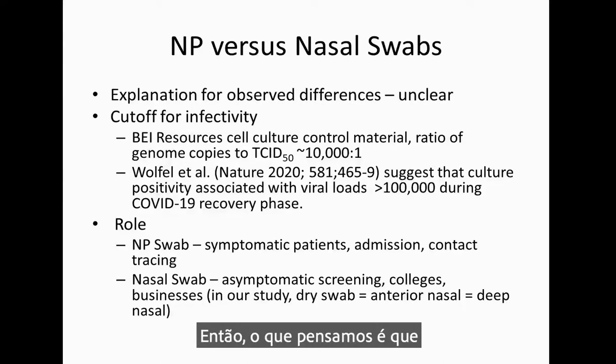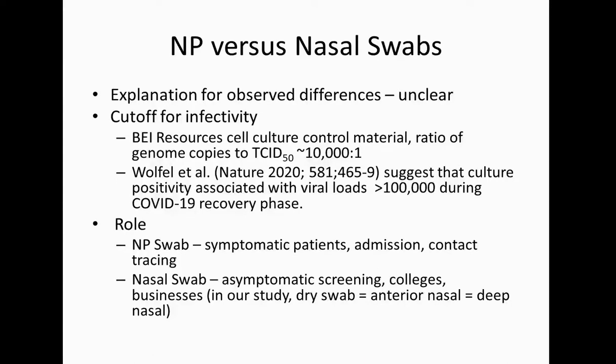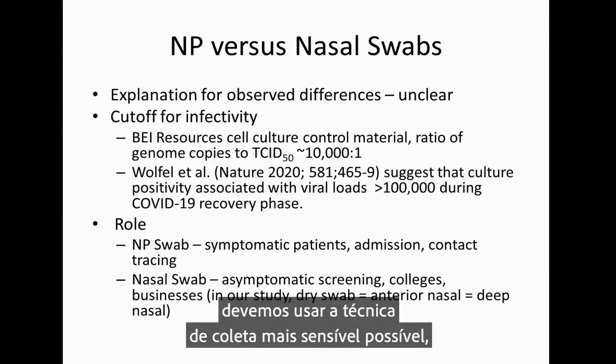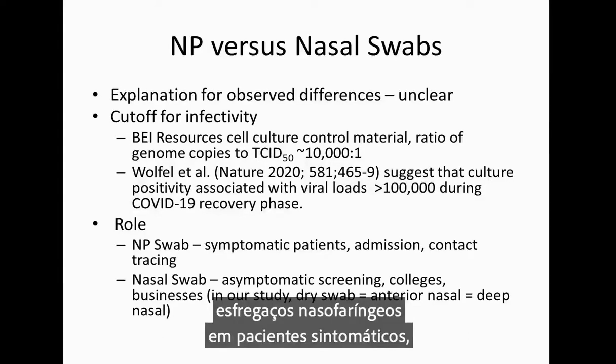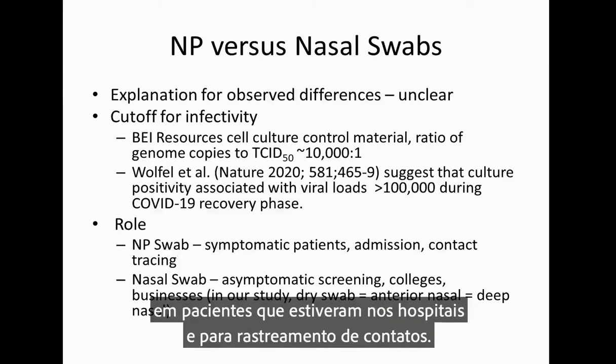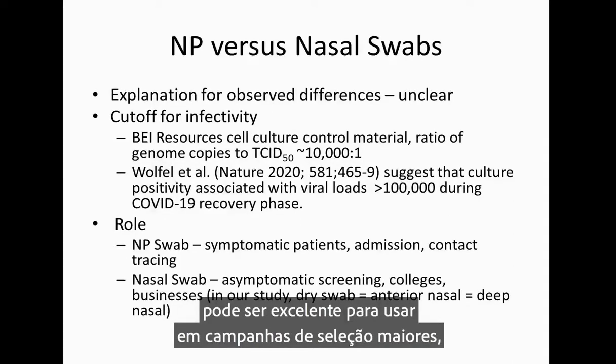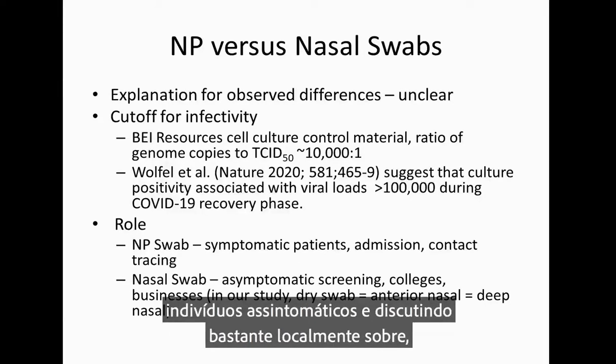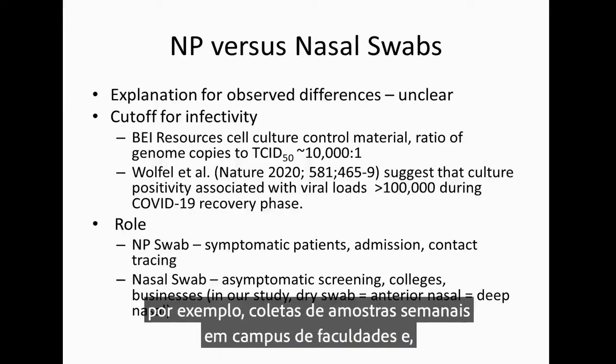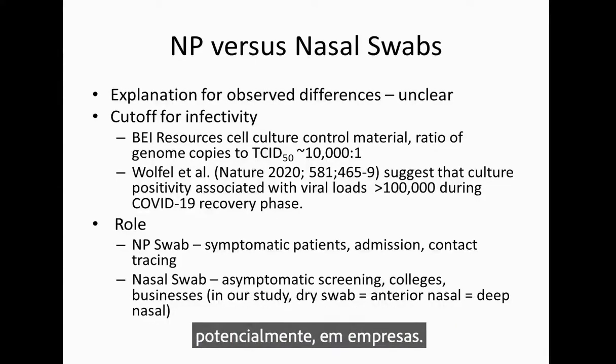So what we think is that we should use the most sensitive possible collection technique, nasopharyngeal swabs, in symptomatic patients, in patients who are being admitted to hospitals, and for contact tracing. But the nasal swab, in terms of trade-offs, may be an excellent thing to use in larger screening campaigns of asymptomatic individuals. Locally, we've been having a lot of discussion about, for example, weekly sampling on college campuses and potentially in businesses.